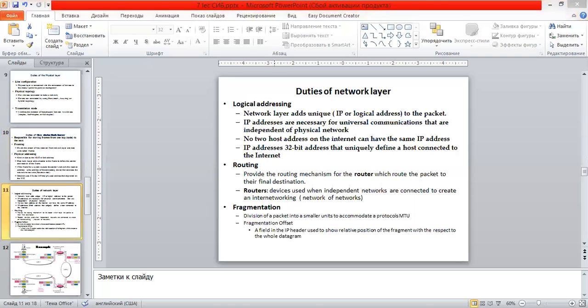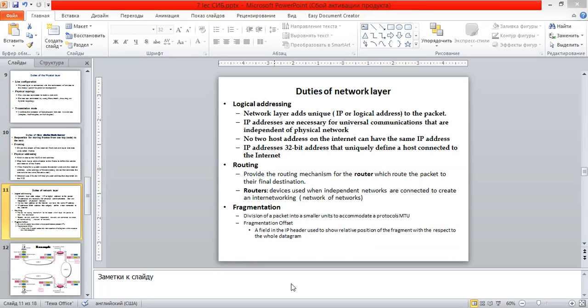The next layer is network layer. Implements routing of frames, packets through the network. Defines the most optimum path the packet should take from the source to the destination.